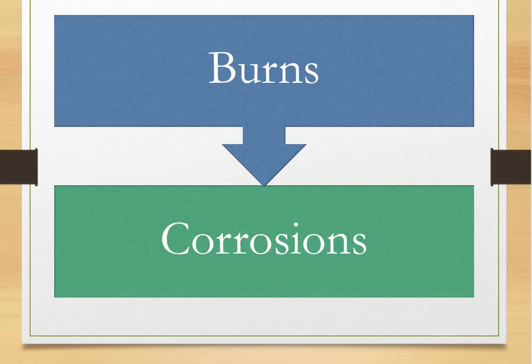The burn codes are also for burns that are a direct result of electricity and radiation. Corrosions, however, are burns that are due to chemicals. And from a coding perspective, the guidelines are the same for burns and for corrosions.